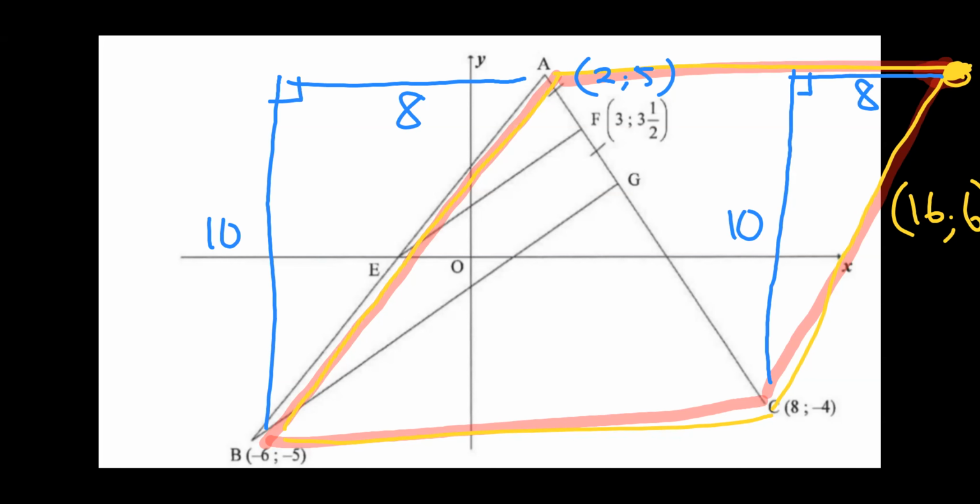So this method is called the rise and run method. You saw I use this rise and run method when I want to calculate gradient before. Then I just look at the rise, that's the change in y, over the run, which is the change in x. I used the rise and run method earlier when I did the midpoint.